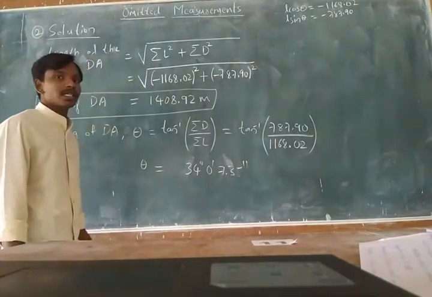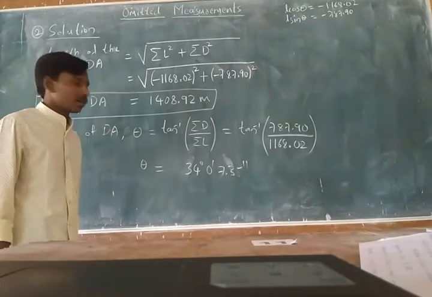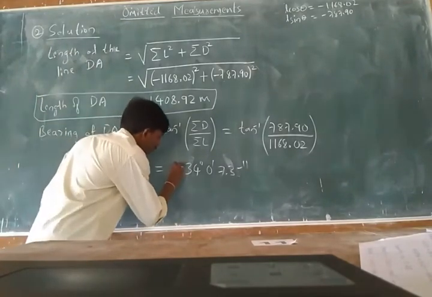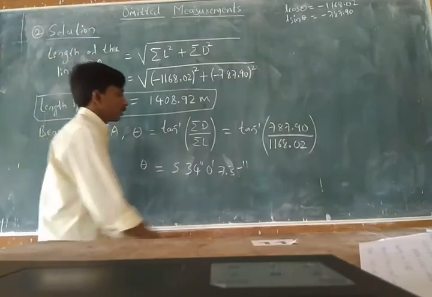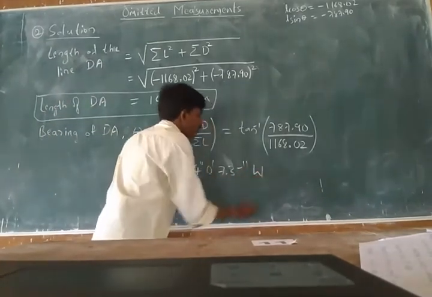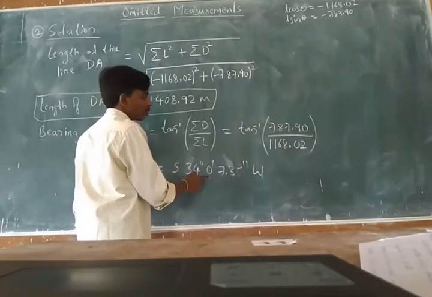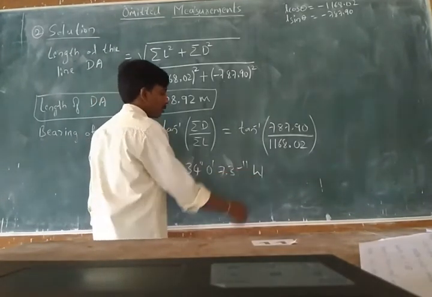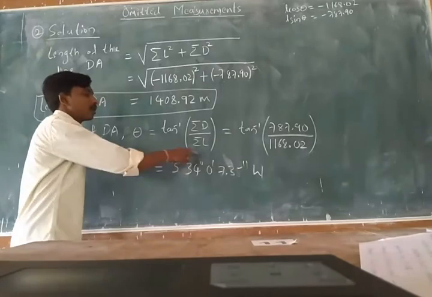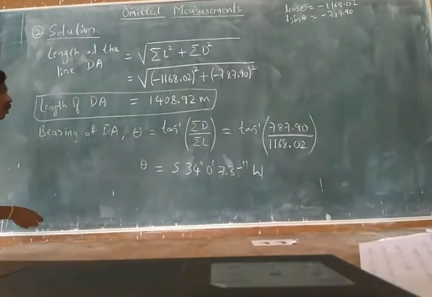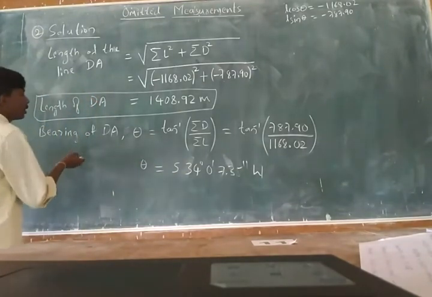The third quadrant is nothing but the southwest quadrant. So for that reason, write south and west. So this will become south 34 degrees 0 minutes 7.35 seconds west. This is the obtained quadrantal bearing of DA.